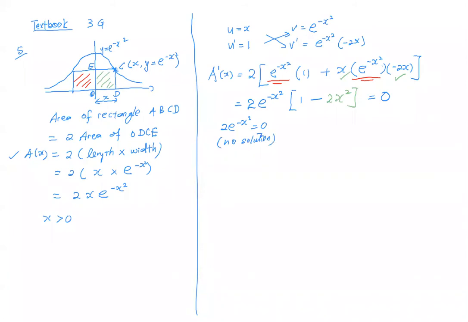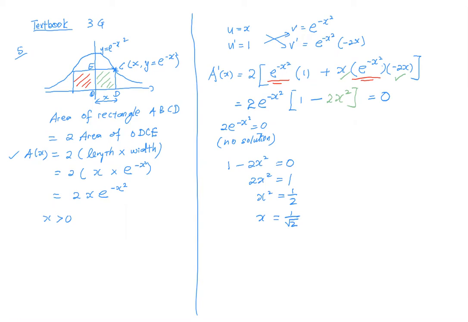Therefore 1 minus 2x squared is equal to 0, which means 2x squared equals 1, so x squared equals half. So x equals 1 over root 2. Inverse of square is square root.